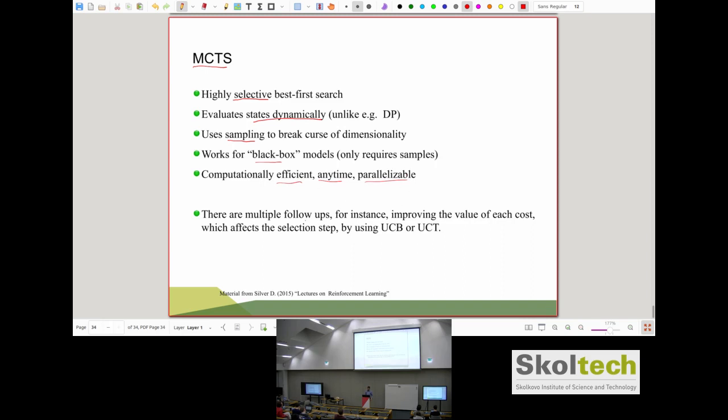Okay, as I said, there's many follow-ups for improving this expected value that you have. Well, here you have some of them, UCB and UCT. I took this part of this material from David Silver's lecture notes. You can check out the link somewhere.